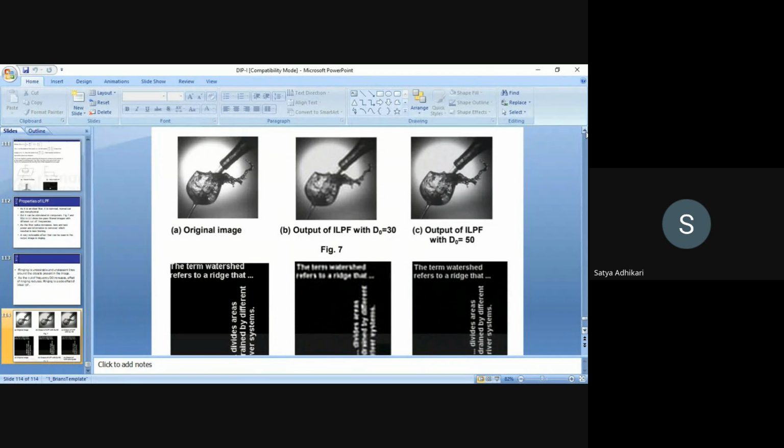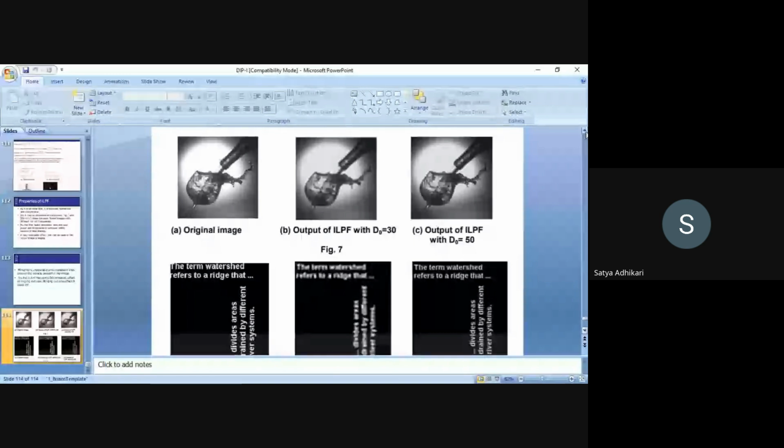Similarly, you see option C, the output of ILF with D0 50. So 50, you know, is brighter than 30.